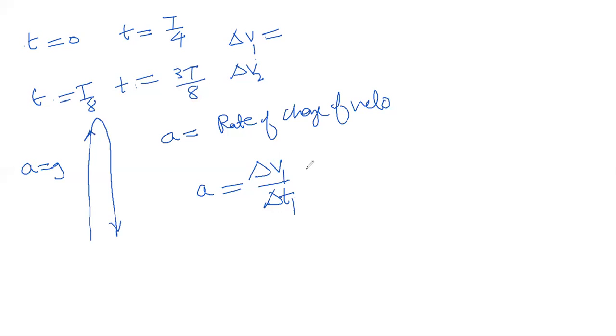Delta V1 will be equal to delta V2, because the acceleration is anyway the same. Is it understood? If delta T1 and delta T2 are equal, obviously the numerators will be equal. So we have to check that only. Delta T1 between these two, and delta T2 between these two. Then we will get a relation between delta V1 and delta V2. Let us check what is the delta T1.